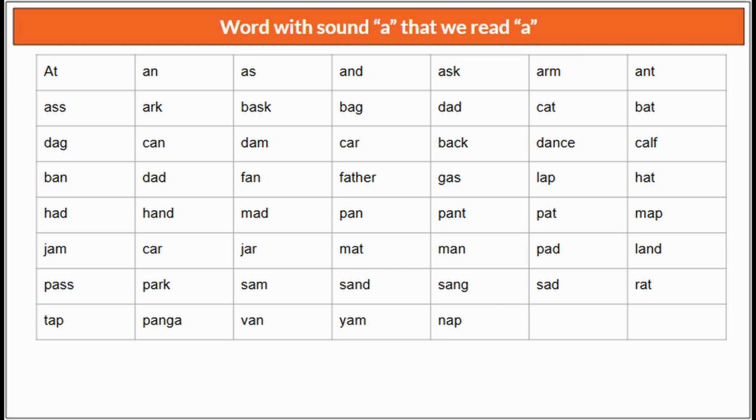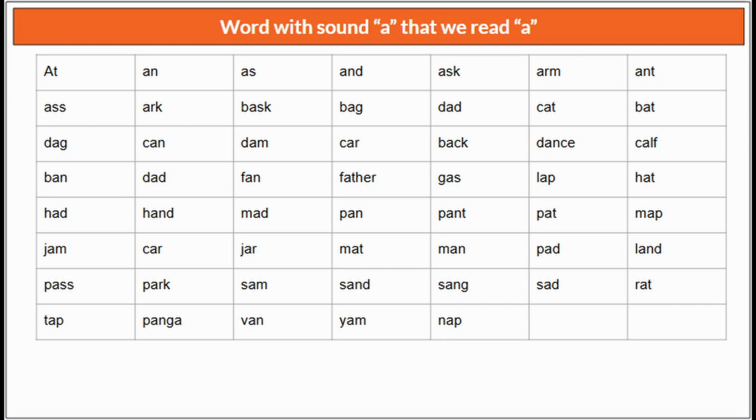Ban, dad, fan, father, gas, lap, hat, had, hand, mud, pan, pants, pat, map, jam, car, jar, mat, man, pad, land, pass, pack, Sam, sand, sang, sad, rat, tap, panga, van, yam, nap.